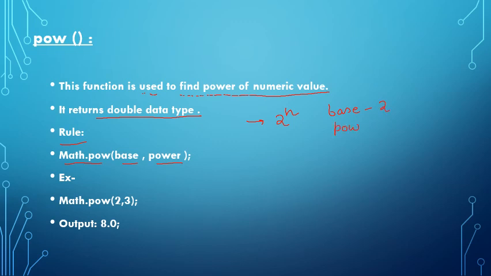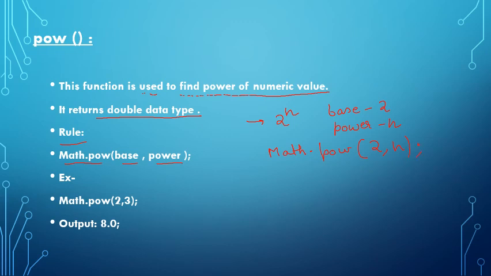How can you write it in Java? You can write it with the help of the function Math.pow. It takes two arguments, always give base, power.